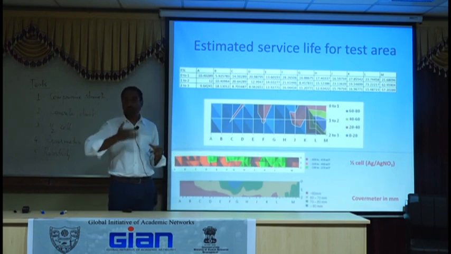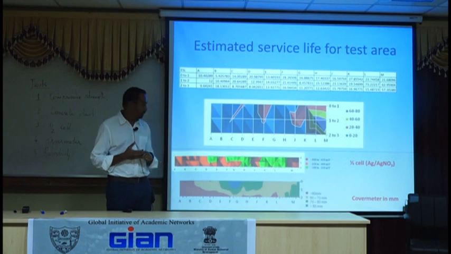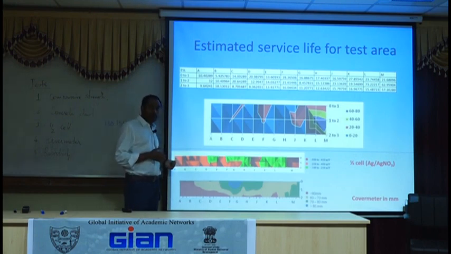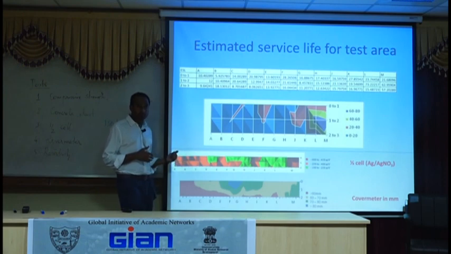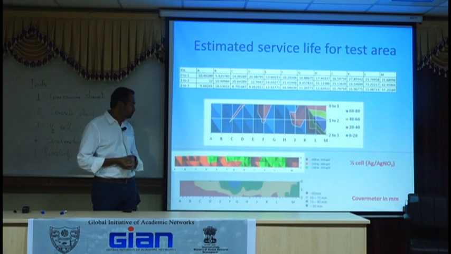It might have more chlorides in that region, but because it has a larger cover depth, it's unlikely to corrode there. The lower cover depth here means it's more likely to corrode here, and the resistivity was low here as well. So this way you can combine all the information together.